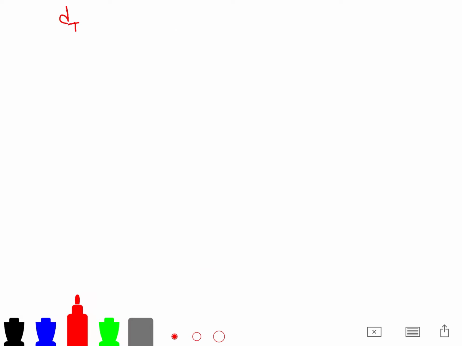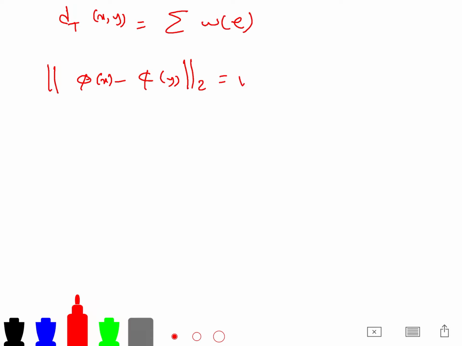The distance between x and y becomes the sum of w of e, and f of x minus f of y becomes the sum over all edges in the path from x to y.